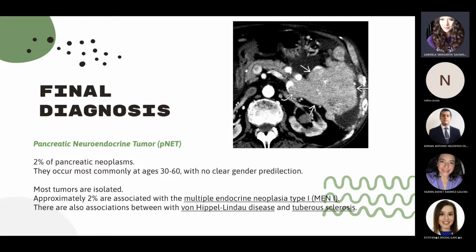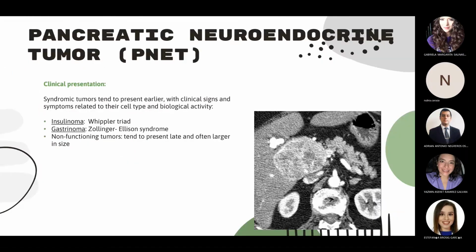Approximately 2% are associated with multiple endocrine neoplasia type 1, and there are also associations with von Hippel-Lindau disease and tuberous sclerosis. The clinical presentation in syndromic tumors tends to present earlier with clinical signs and symptoms related to their cell type and biological activity.